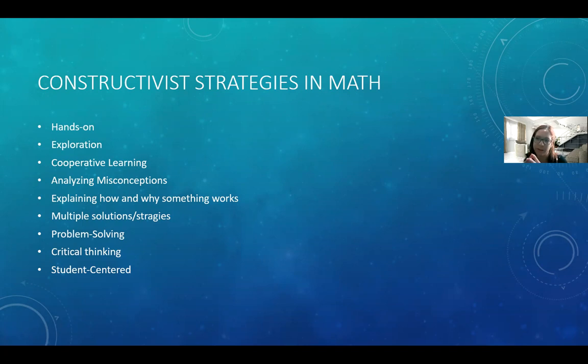And so we have to be able to explain how or why something works before we ever get to an abstract model, like just a straight algorithm of subtraction with regrouping. Students have to show models, they have to show why we regroup, they have to understand that process before we move them to abstract like an algorithm.